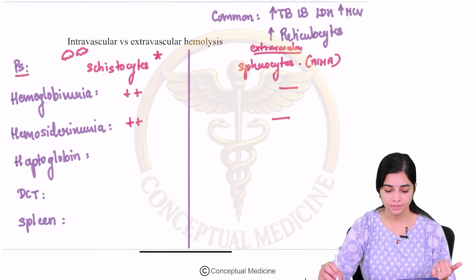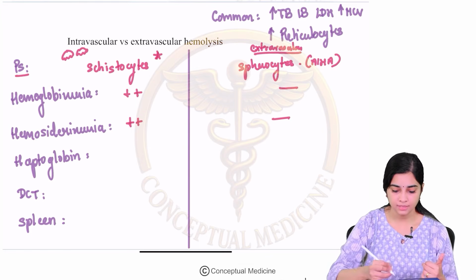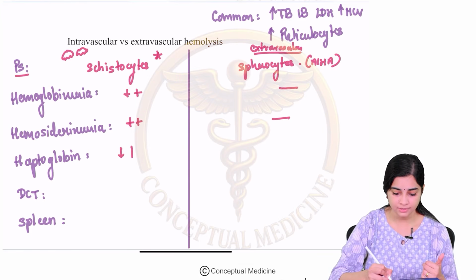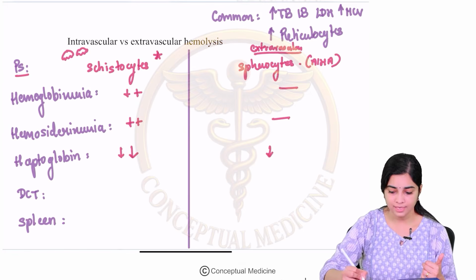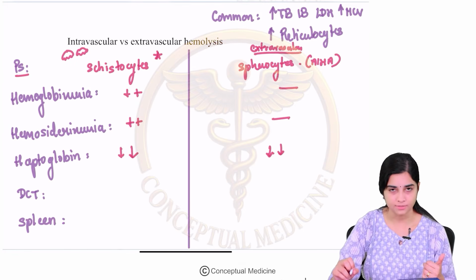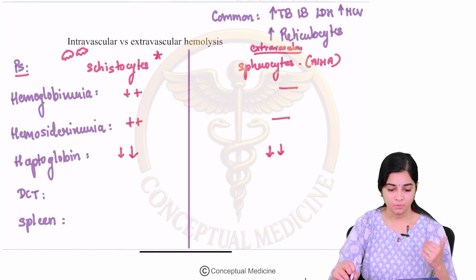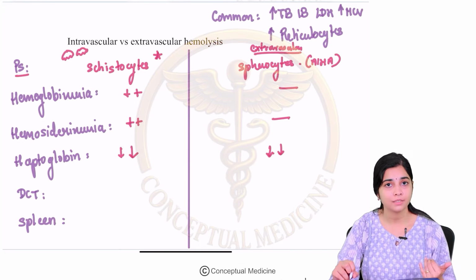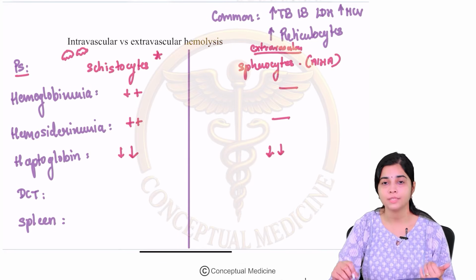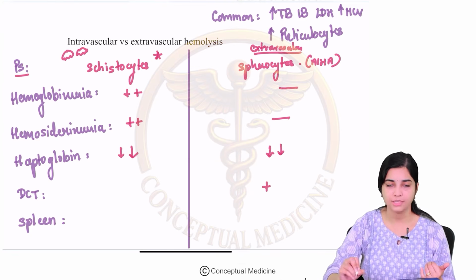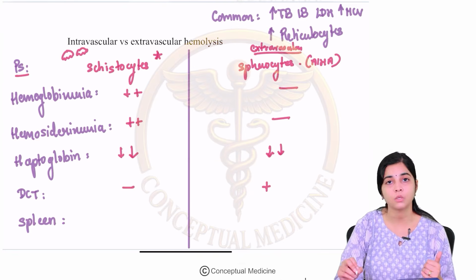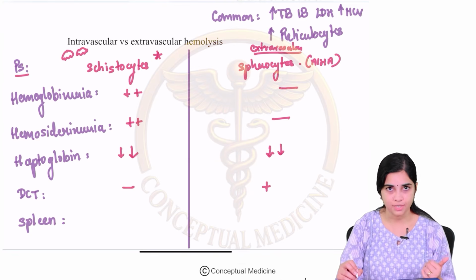Okay, fine. What happens to the haptoglobin? Haptoglobin is reduced in intravascular as well as extravascular hemolysis. Okay, then what happens to your direct Coombs test? The direct Coombs test is usually positive in the extravascular hemolysis, which is not positive in the intravascular.